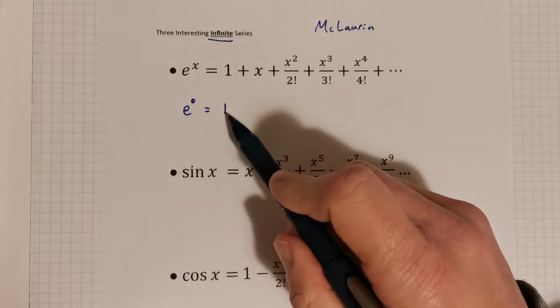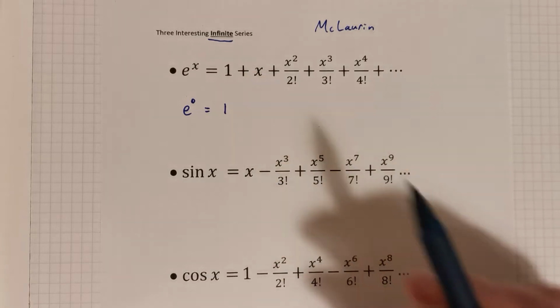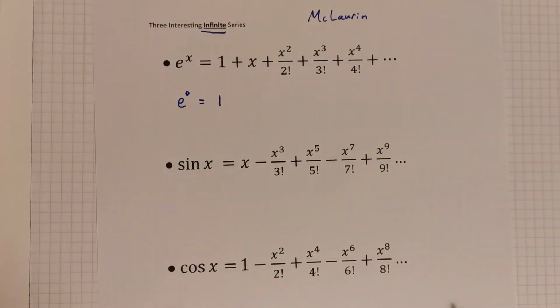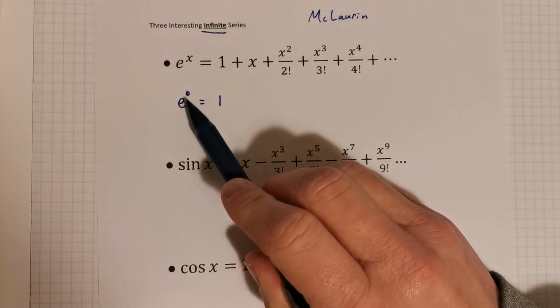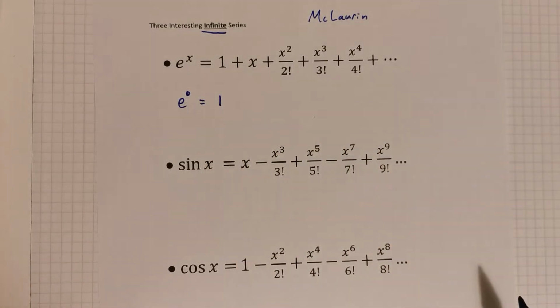So we just get e to the power of 0 equals 1, which we knew already because any non-zero real number raised to the power of 0 is 1.